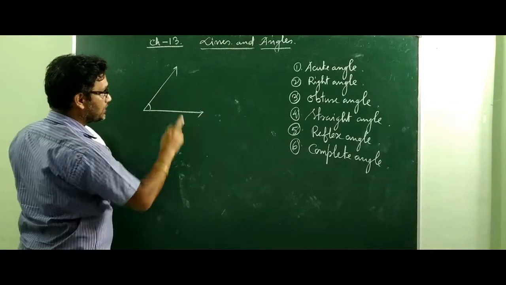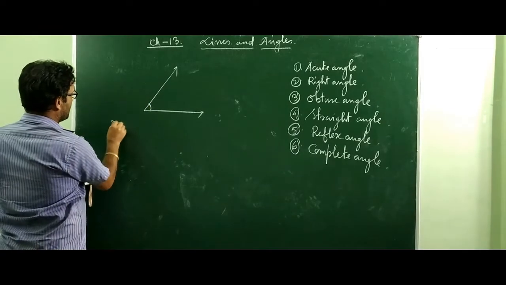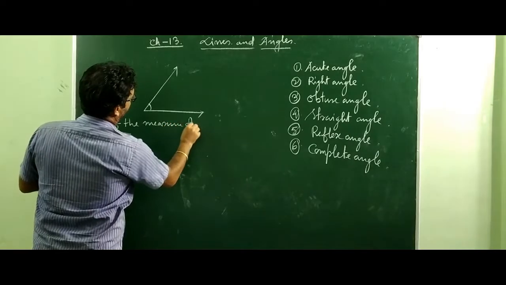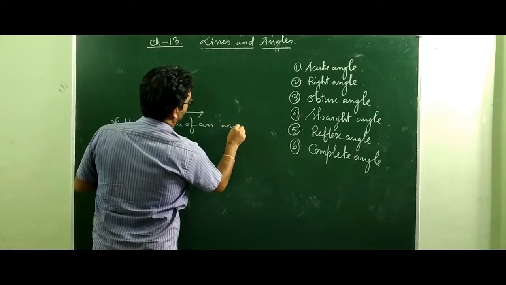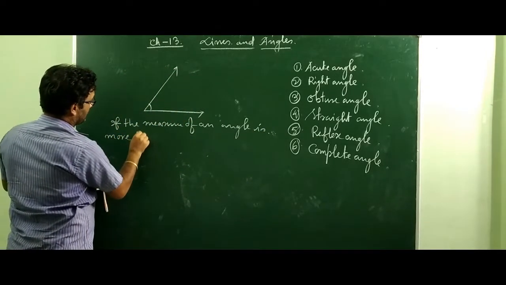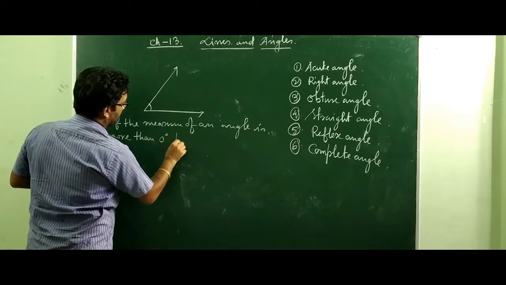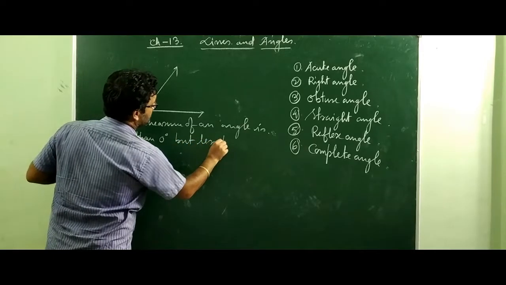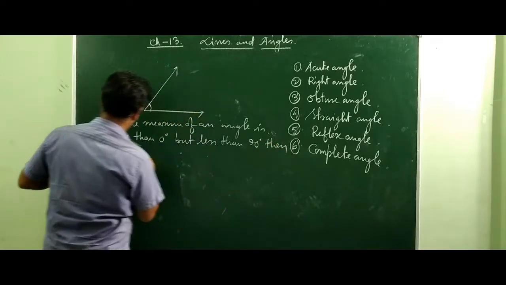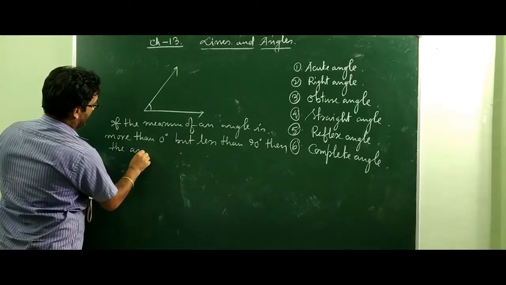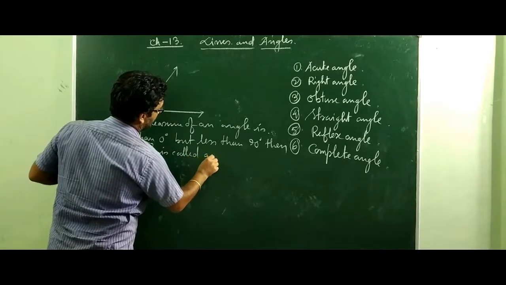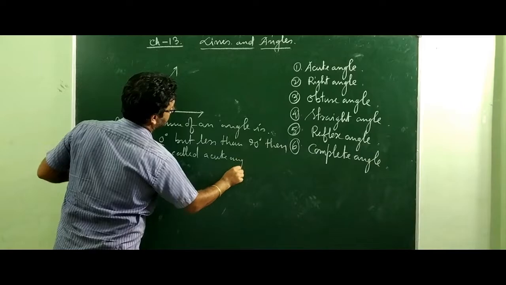So the definition of acute angle is: if the measure of an angle is more than 0 degree but less than 90 degree, then the angle is called acute angle.